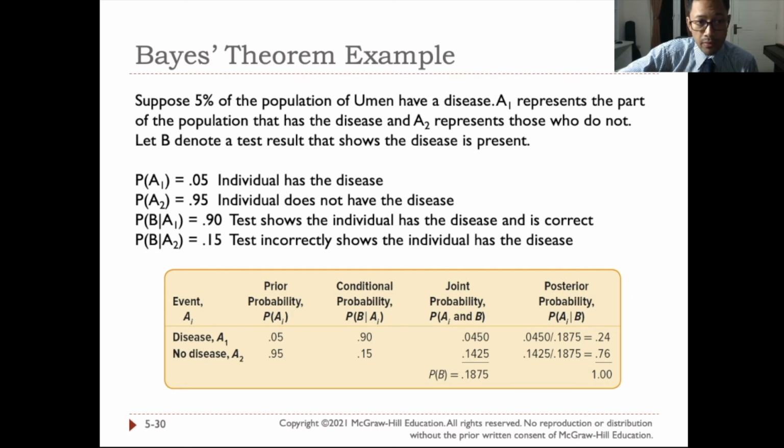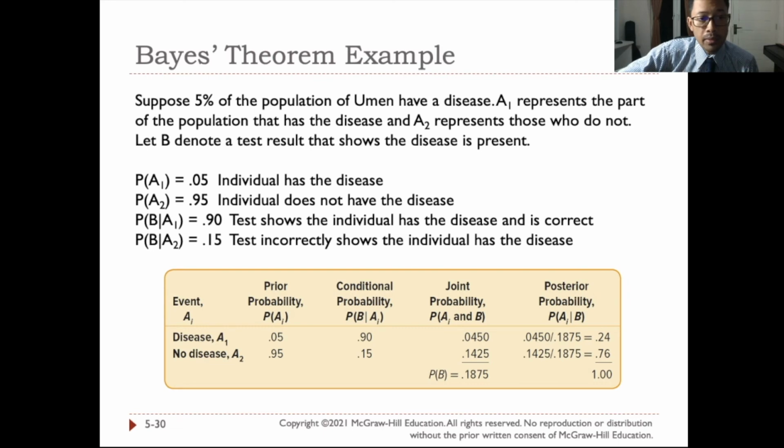The probability of A2 is 0.95, which is the probability that an individual does not have the disease. The probability of B conditional on A1 is 0.90, which is the probability of the test showing the individual has the disease and it's correct.